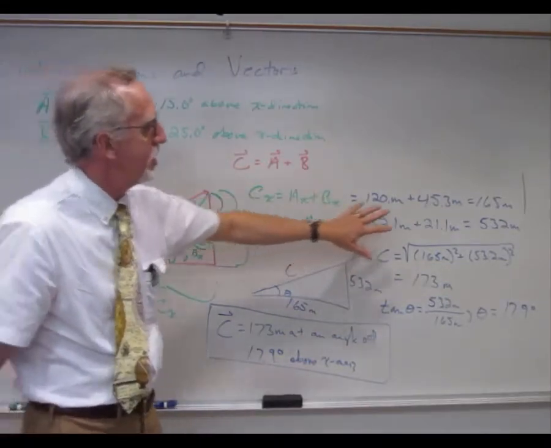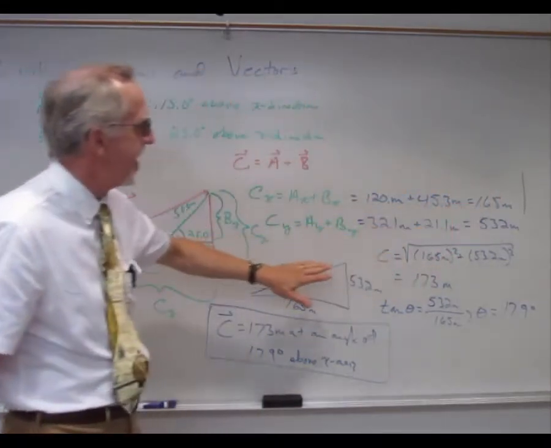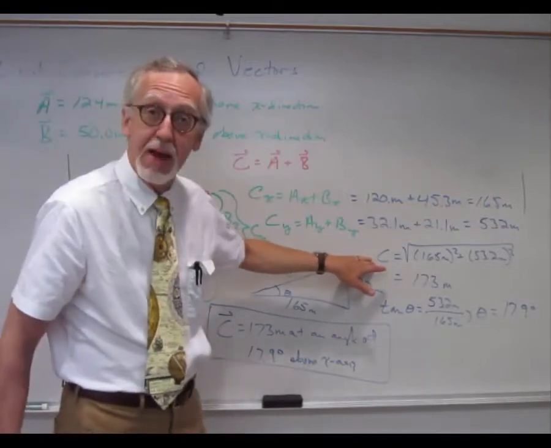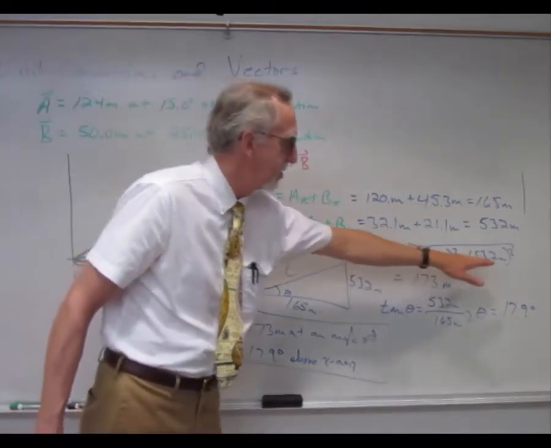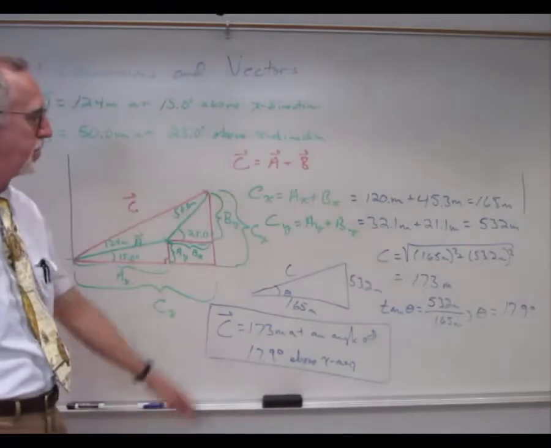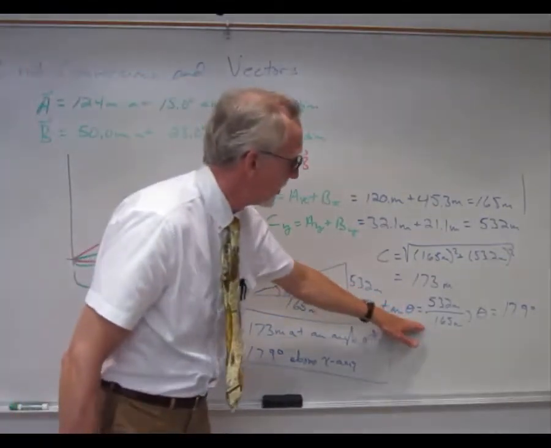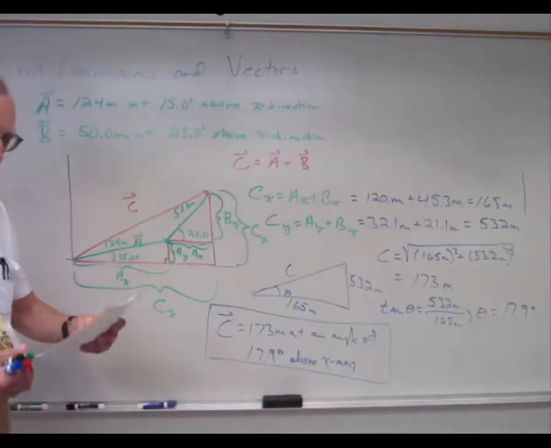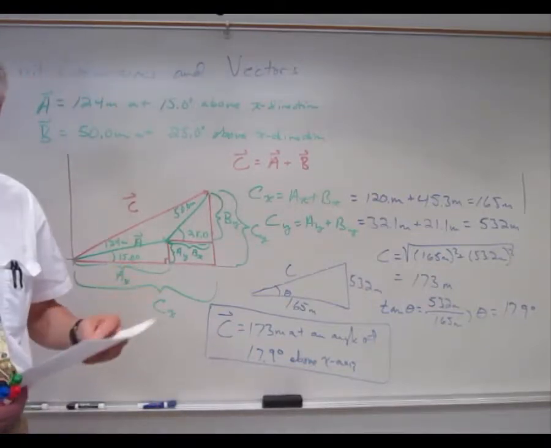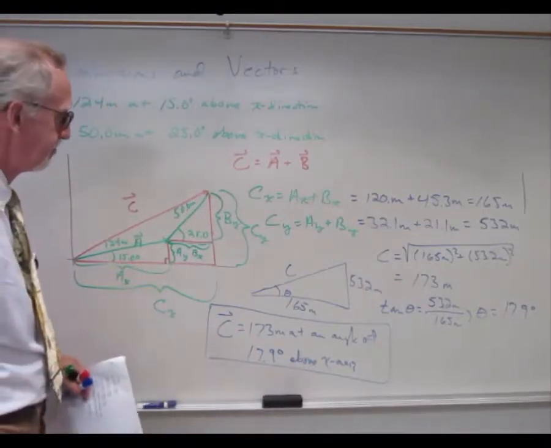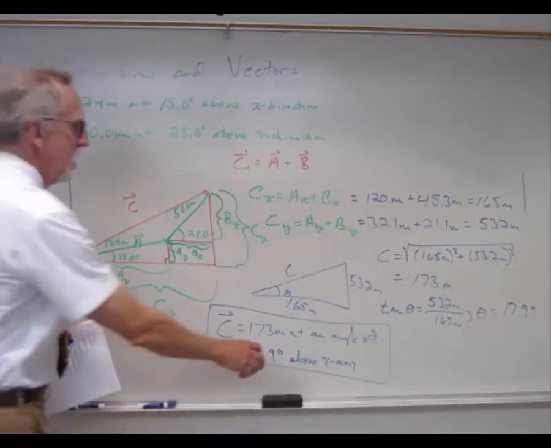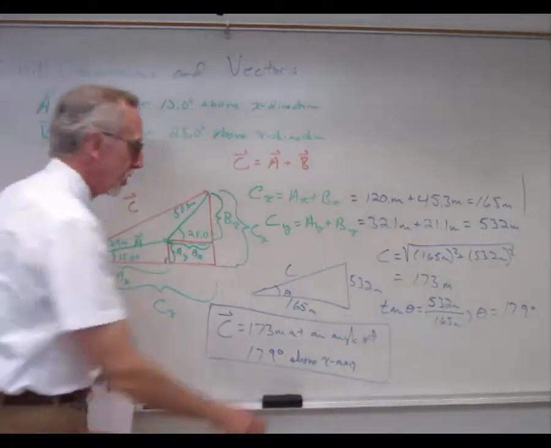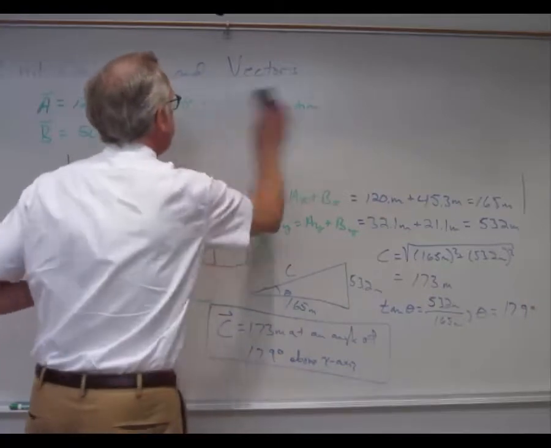We combine them together, then we can find the net magnitude of C by combining the components Cx and Cy. We find the direction using the inverse tan, and we get the magnitude and direction. And there is the final resultant C. Okay? There's lots of practice of these on the homework.